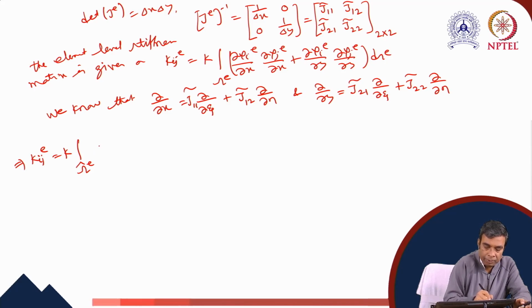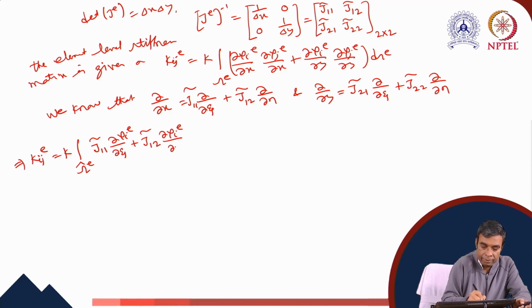So here we have j11 tilde del psi I del xi plus j12 tilde del psi I del eta. So this is equivalent to del psi I del x.